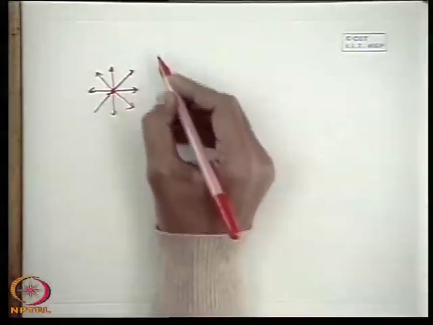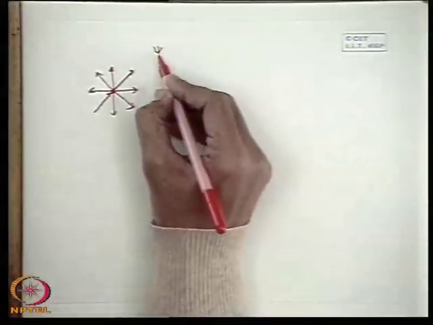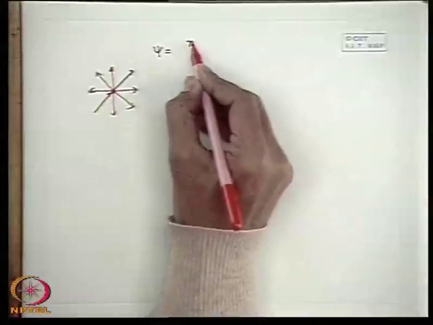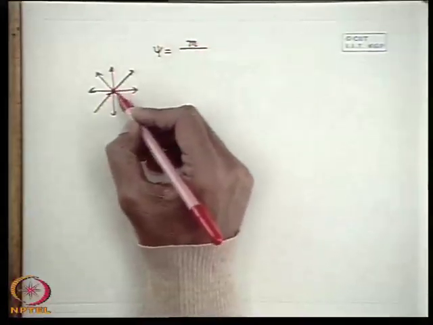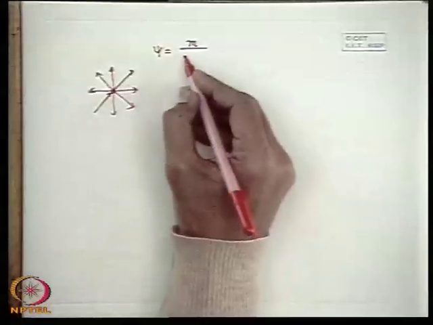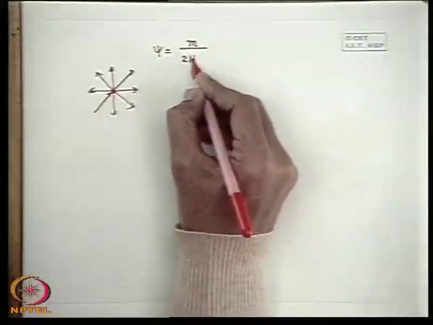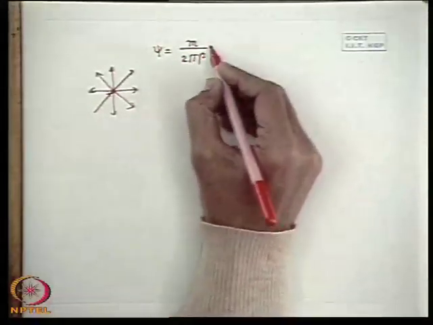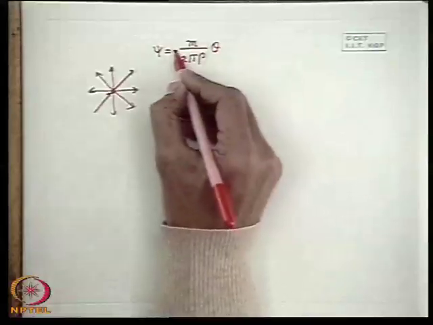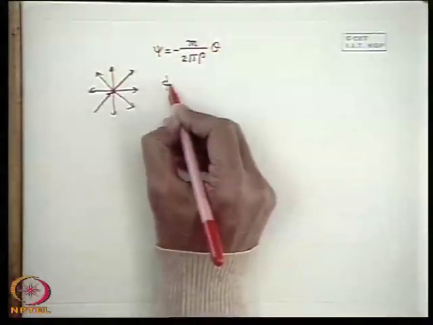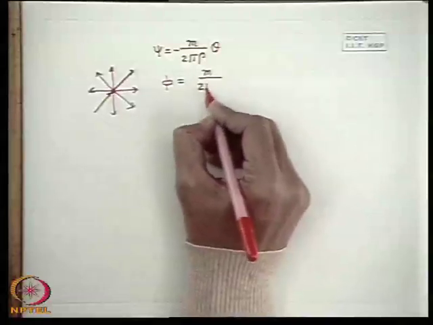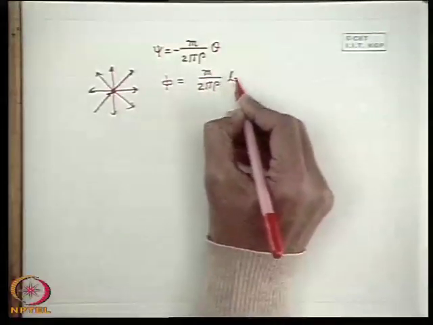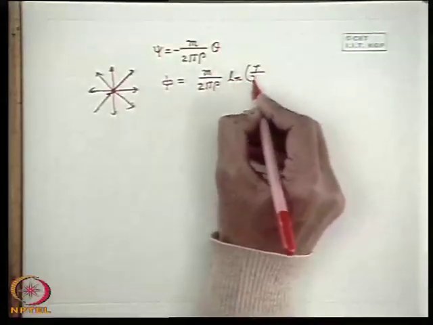In this kind of flow, we derived earlier that the stream function was given by minus m by 2 pi rho into theta, where m is the strength of the source, which is the total mass flow rate coming out from this source. The velocity potential function was m by 2 pi rho ln r by r0.